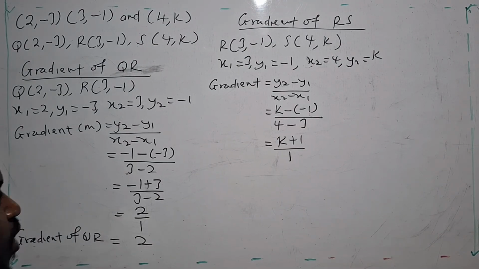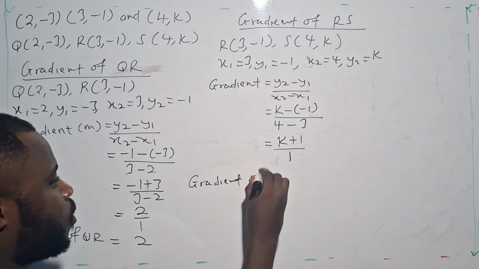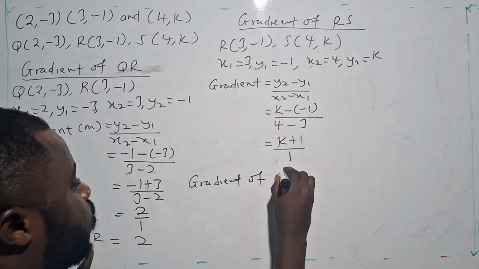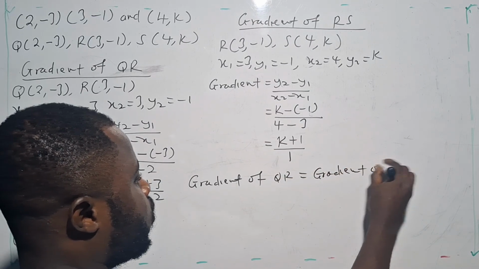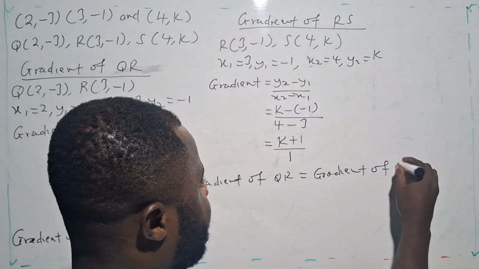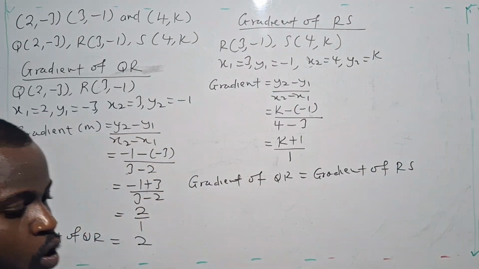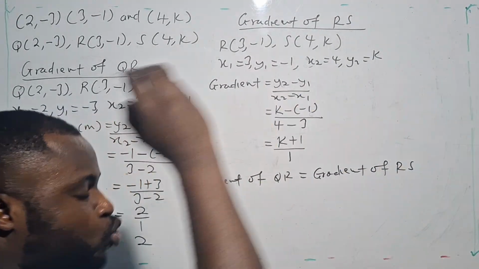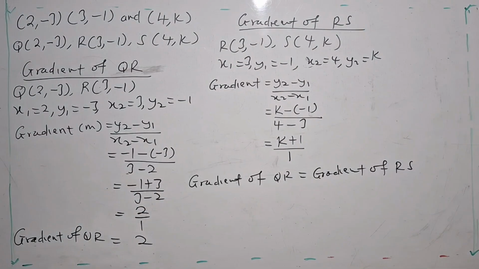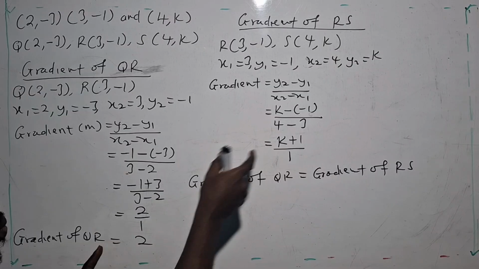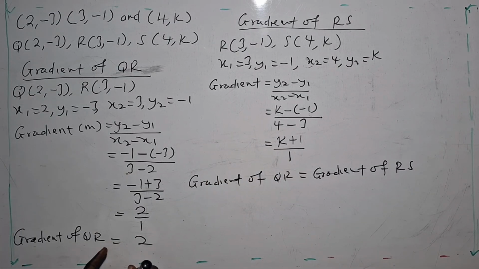What we need to understand is that the gradient of line QR should be equal to the gradient of line RS. So far as the points are on the same line, they should have the same gradient. And since we know the gradient of QR, which is 2, we bring it here.